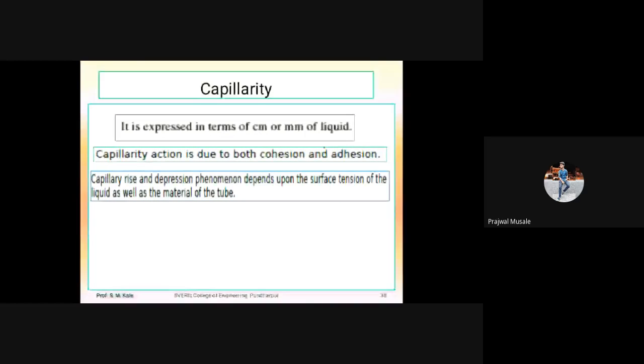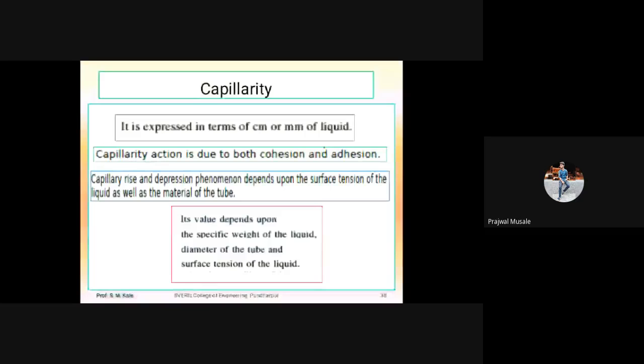So whatever value of capillarity is there depends mainly upon surface tension, the material of the tube, the specific weight of the liquid, and the diameter of the tube, as well as the surface tension of the liquid. Those are the various parameters which affect the capillary action.